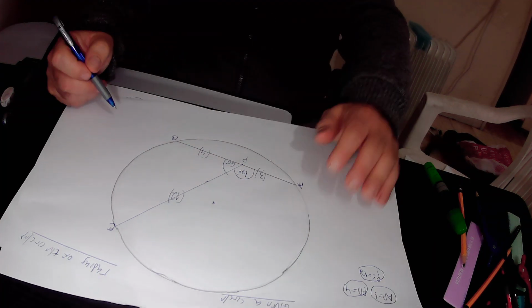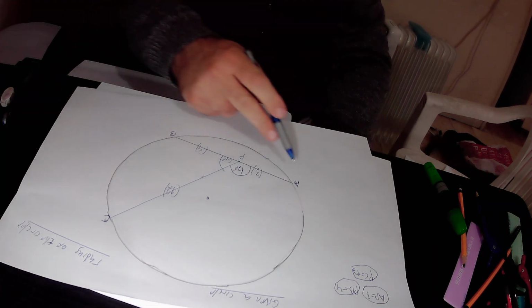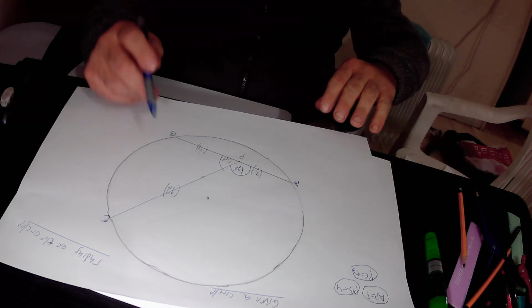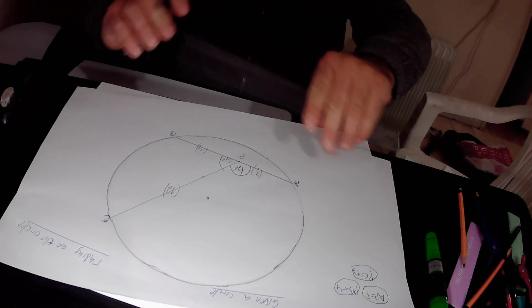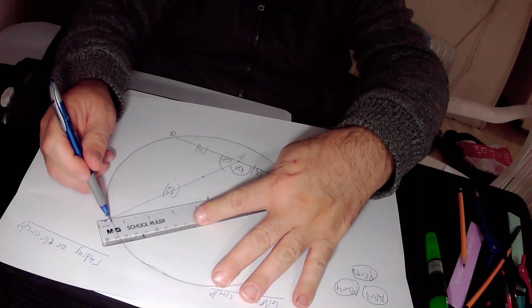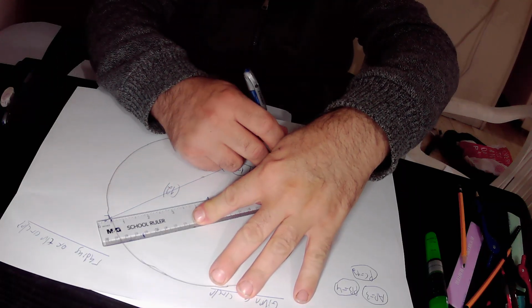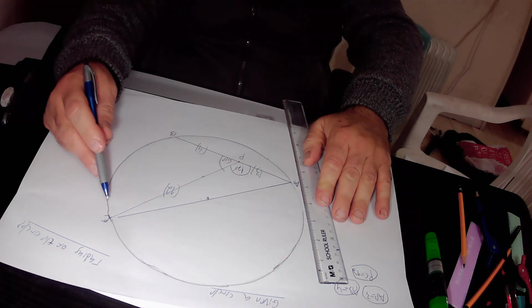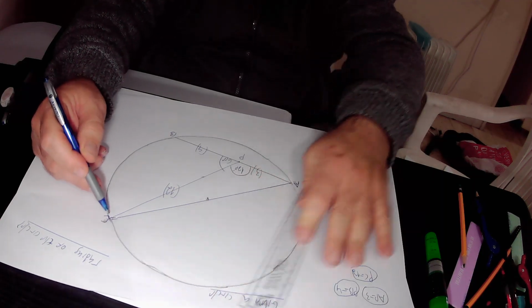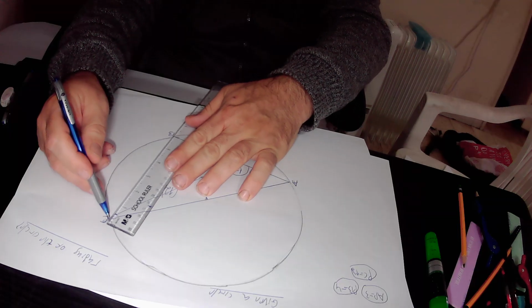In the next step, we will join point C and A together by a straight line. We will join point C and B together by a straight line.